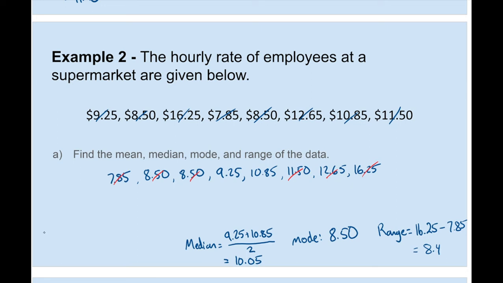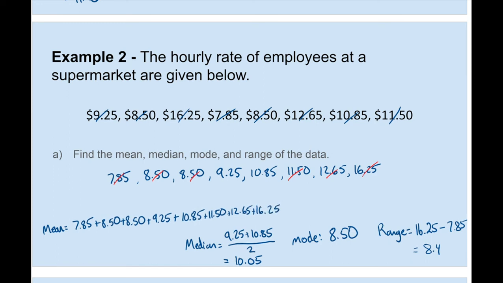For our mean, again, our average is probably the more time-consuming one to calculate, but again, we can add up all of our values. So 7.85 plus 8.50 plus 8.50 plus 9.25 plus 10.85 plus 11.5 plus 12.65 plus 16.25.